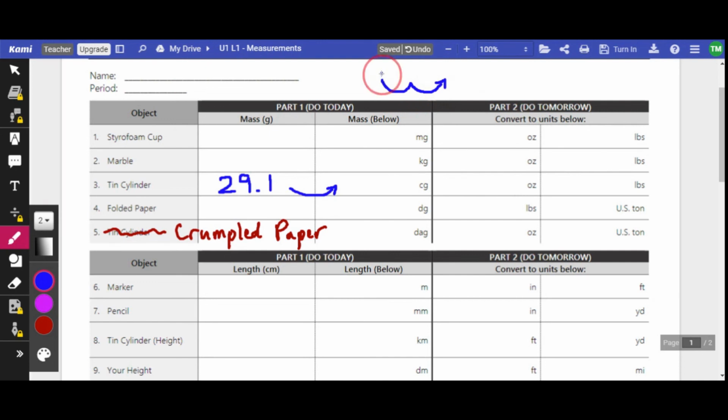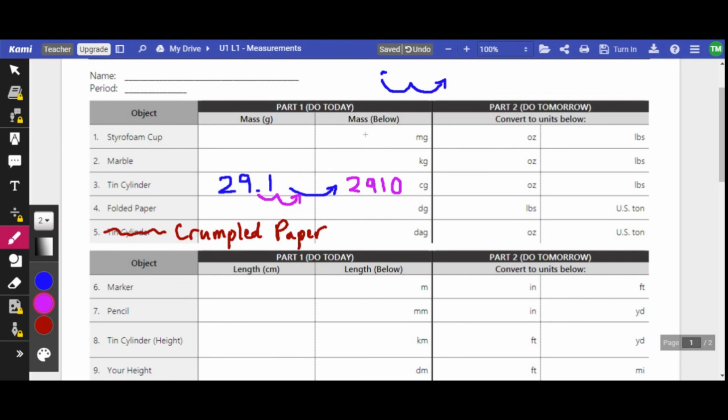So my decimal point should do the same thing. Let me do this in a different color so it stands out. I'm going to move this past the 1 and then past an invisible 0. So in centigrams, this 29.1 grams is going to look like this: 2910 centigrams.